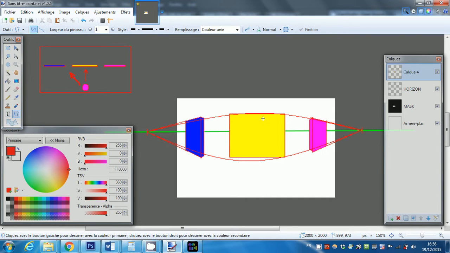Imagine that what I'm looking at is a skyscraper. If I'm a tiny person looking at this skyscraper, it will appear like this. It will be a curve.